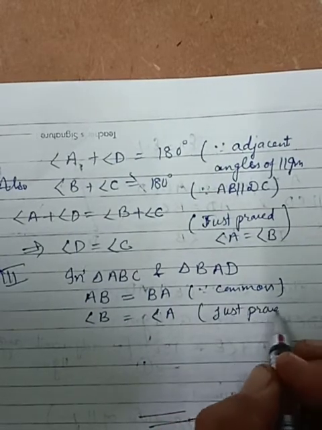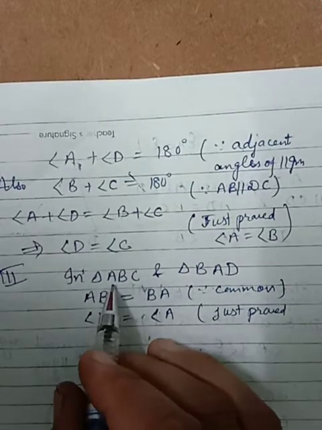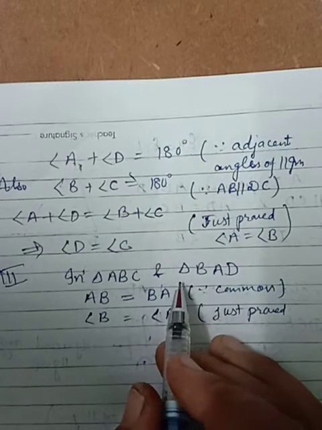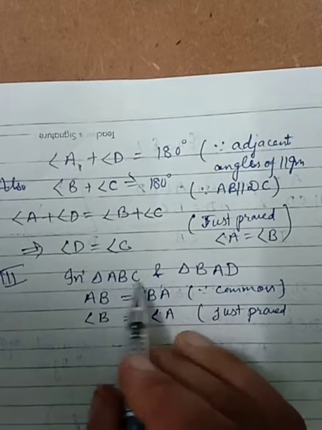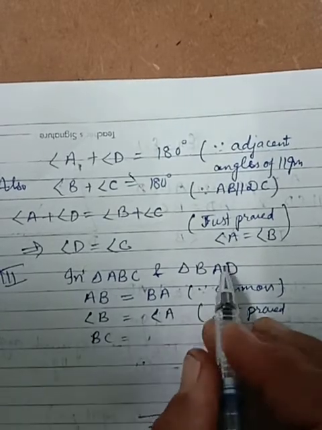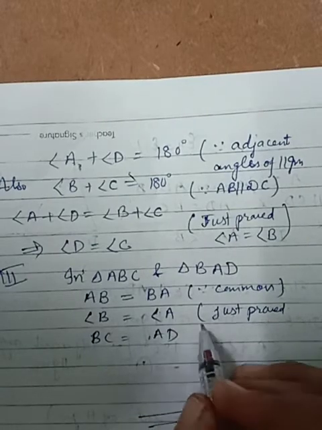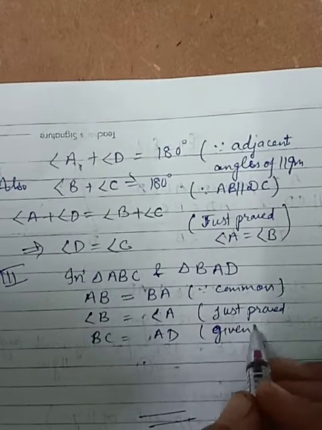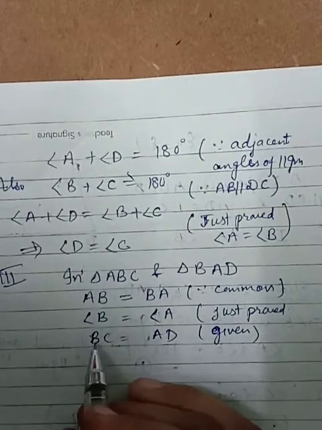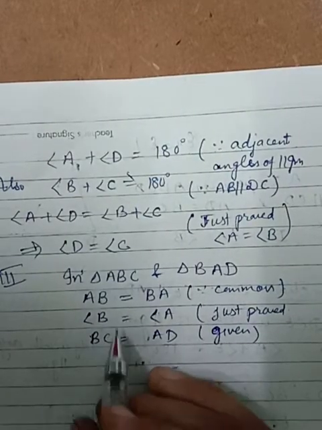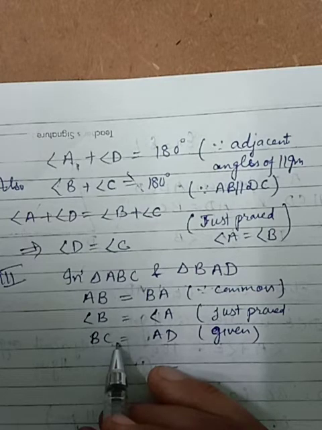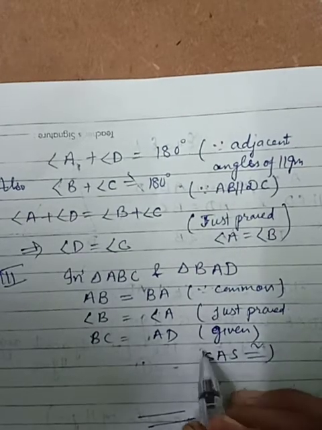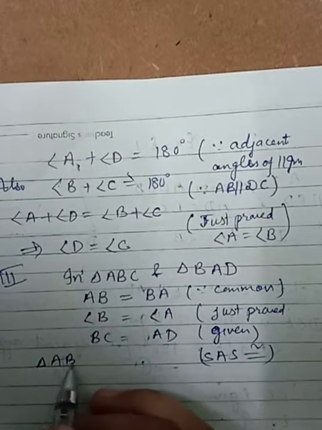And third, in ABC side BC and in BAD side AD are both equal, given. So we have two sides and one angle, side, angle, side. By this criterion, these two triangles are congruent.